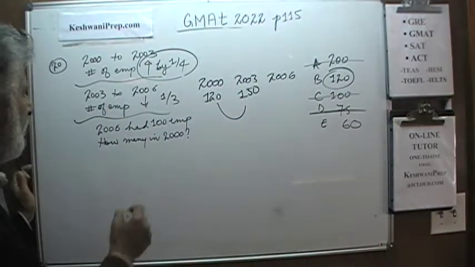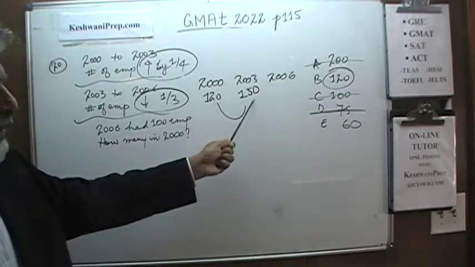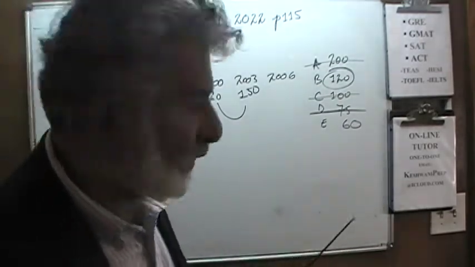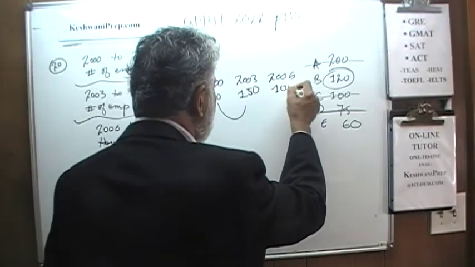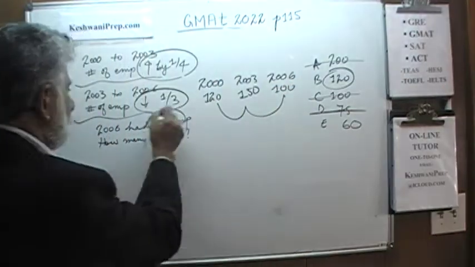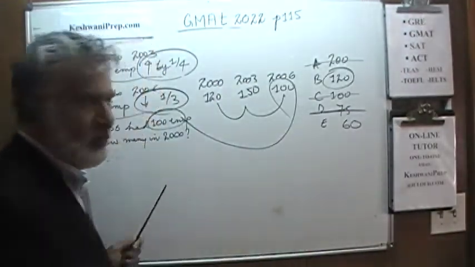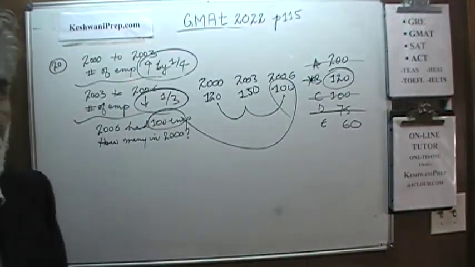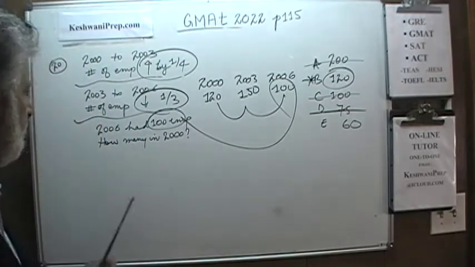Then we are further told that it goes down by a third. A third of 150 is 50, so it goes down by 50, leaving us with 100, exactly the way it's supposed to be. It matches, it works. The answer is B. That's all there is. Don't try to solve this problem algebraically, it will take forever.